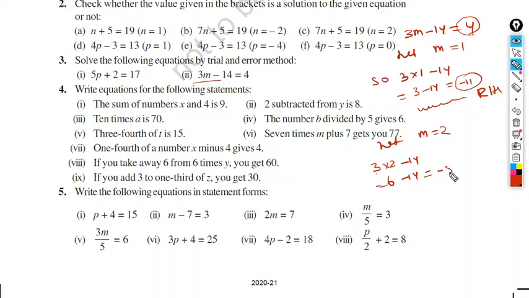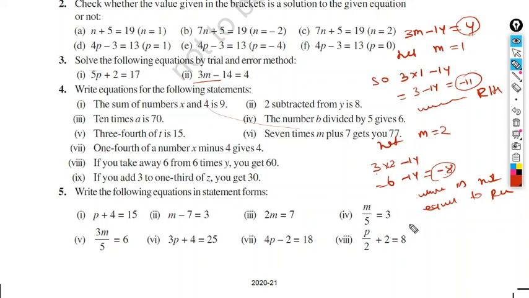Minus 8. So this is also not equal to RHS. Then again you will assume that let m equal to 3, m equal to 4, m equal to 5, m equal to 6.